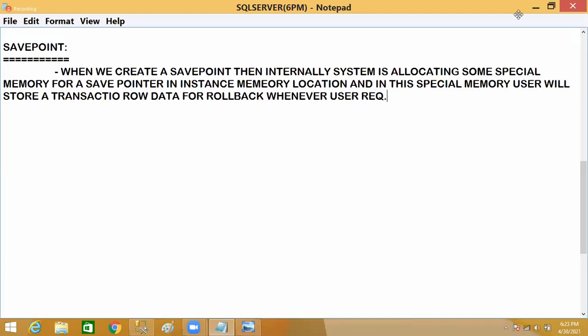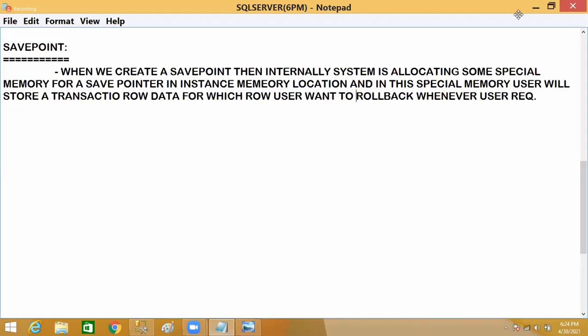So what is happening, guys, when you create a savepoint, internally the system is allocating some special memory for the savepoint in instance memory only. And in this memory, the user will store the transaction row data, for which row the user wants to roll back whenever he requires. So that is actually the purpose here.